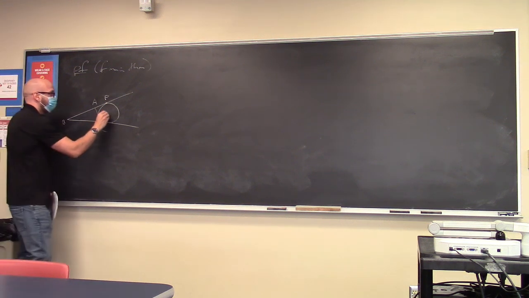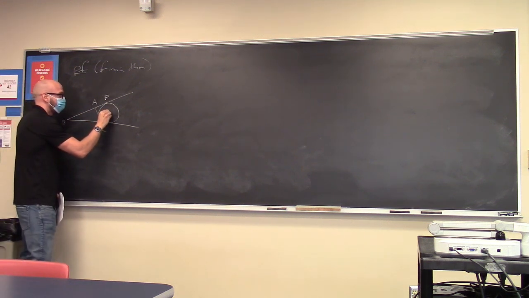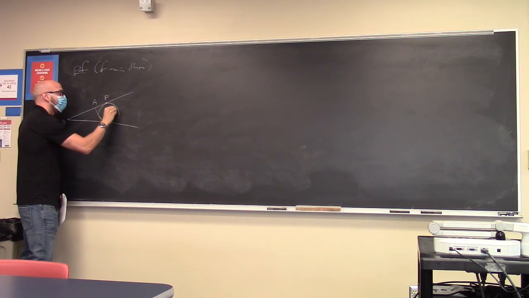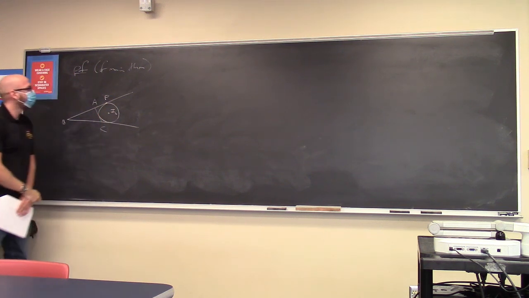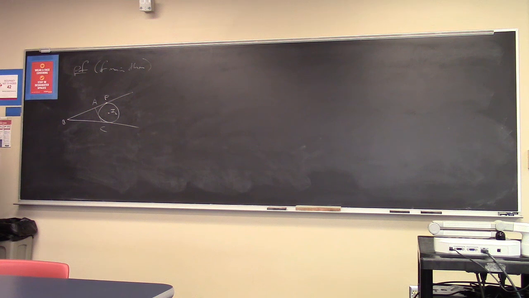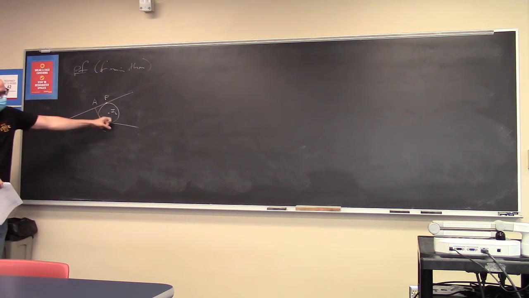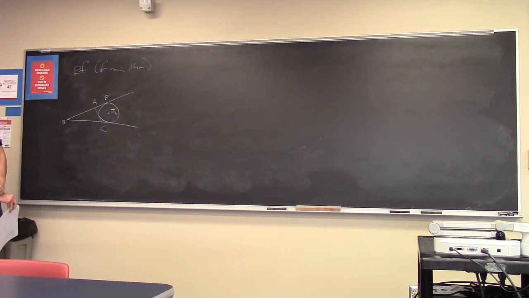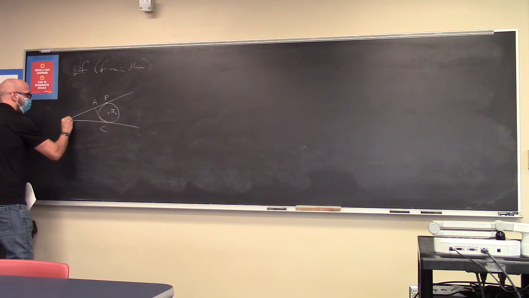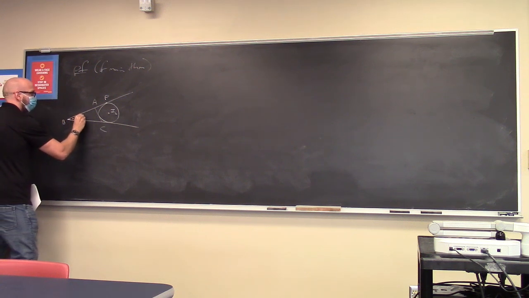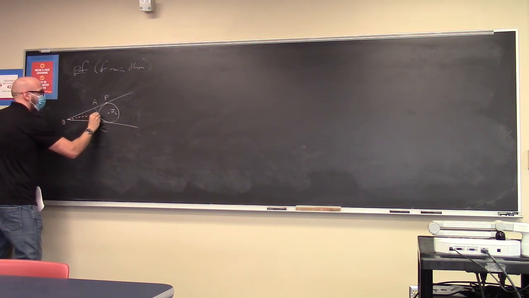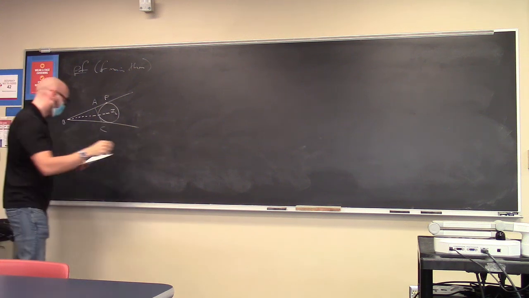All right. So my first thing I want to claim is what I've already told you. That the center of this excenter, the excenter of this triangle that's opposite angle B, the center of this excircle, is actually on this angle bisector from B. So how are we going to do that?